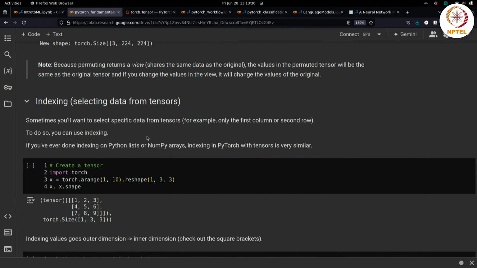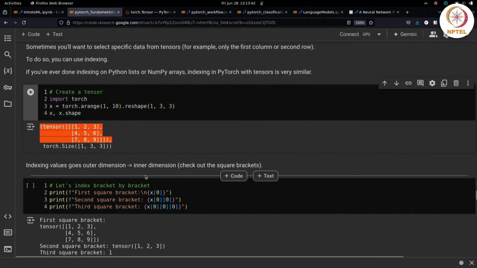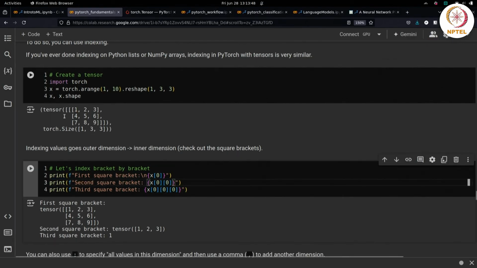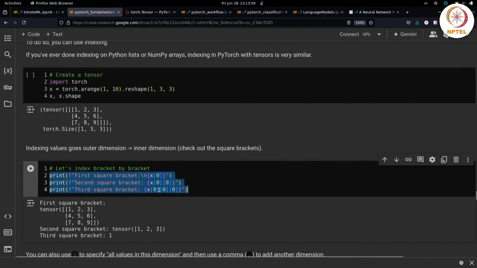One more concept that we should cover here is indexing. Let's say you have a big tensor like this, and you want to access a particular row or a particular column or just a single value. You can do indexing like this. Let's say your tensor is a 1 comma 3 comma 3, 3-dimensional tensor. You can access any of these elements using these indices.